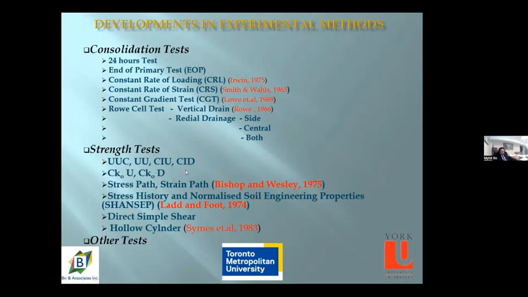On the strength test side, in the very old days, people carried out the unconfined compression test to determine the material strength. Nowadays, they carry out that test on very strong soil and concrete.